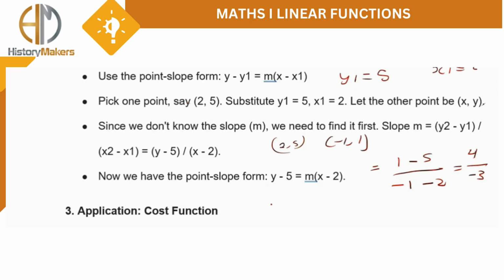And then we go back to this one. So we say y minus 5 is equal to 4 over 3 times (x minus 2).